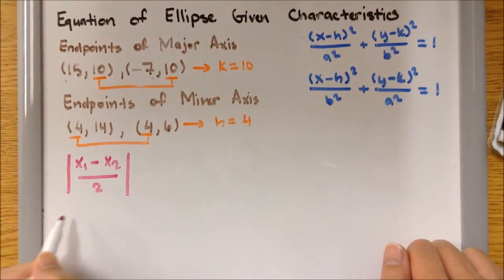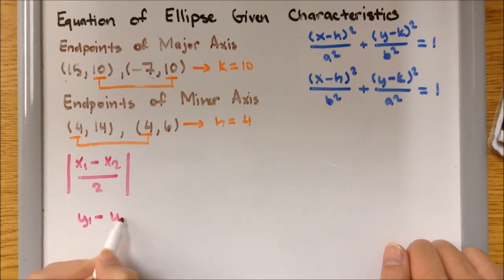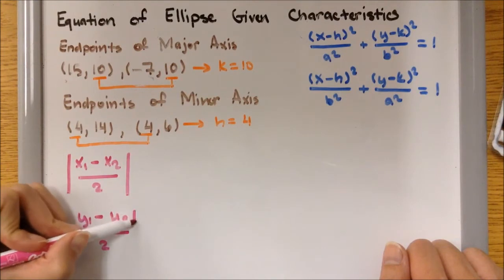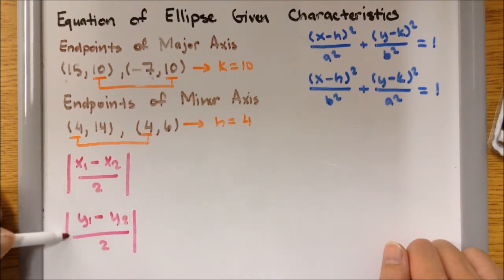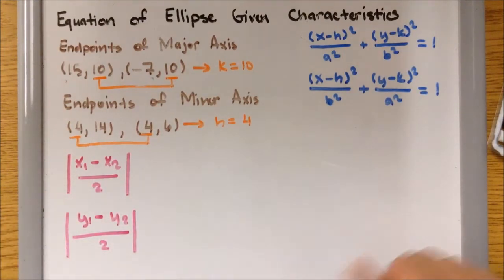The same thing applies for the y values, y1 minus y2 over 2 within the absolute value. Having a form for x and a form for y does not mean you do it for both x and y. You do it according to what is different.